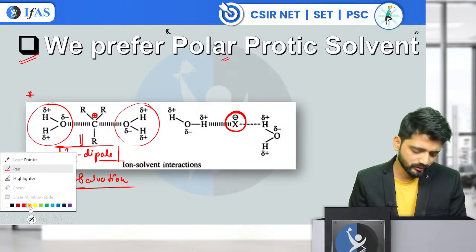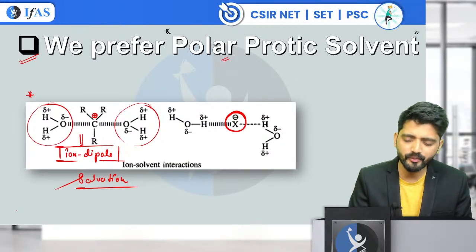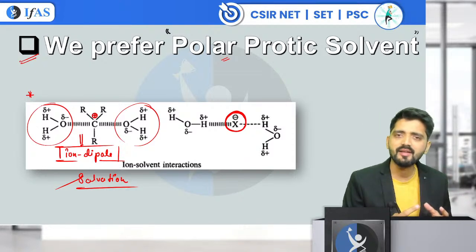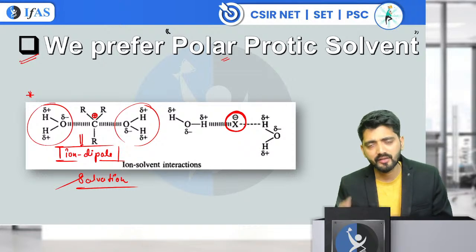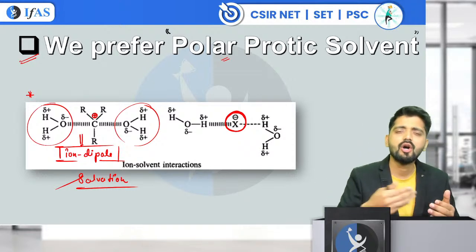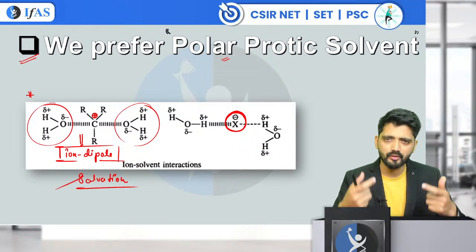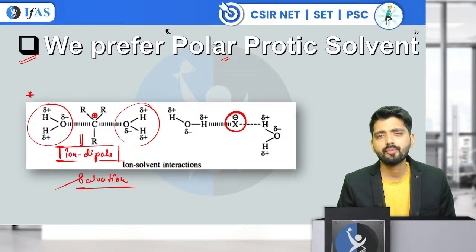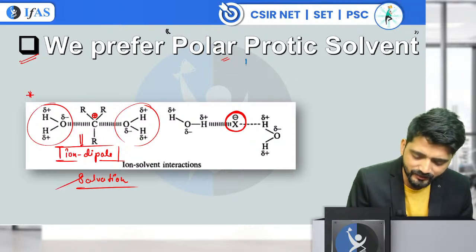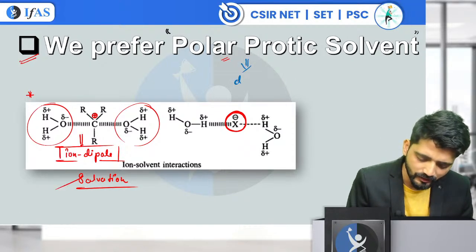Moving ahead, we told you that we prefer polar protic solvents in any SN1 reaction. Why? Because they stabilize the carbocation, they stabilize the leaving group, so that the leaving group is not able to form an ion pair and is not able to attack the carbocationic center. That's the reason we prefer polar protic solvents here. We also know that polar protic solvents decrease the nucleophilicity.